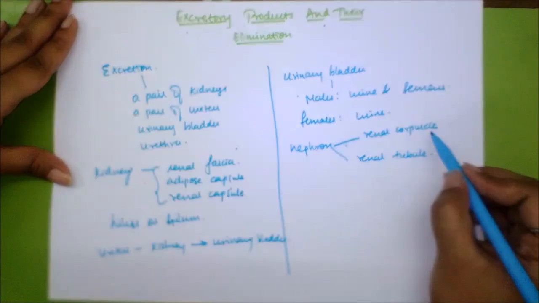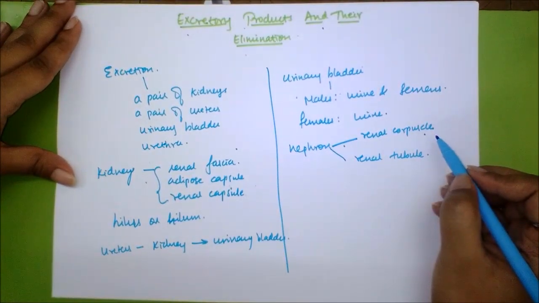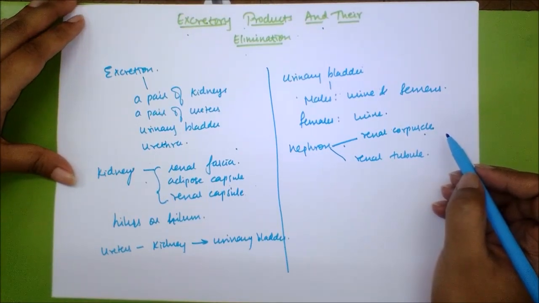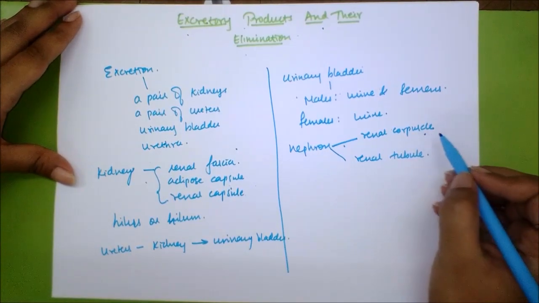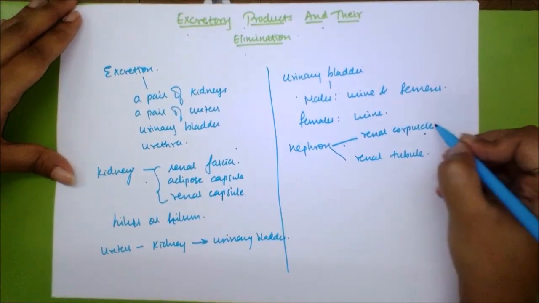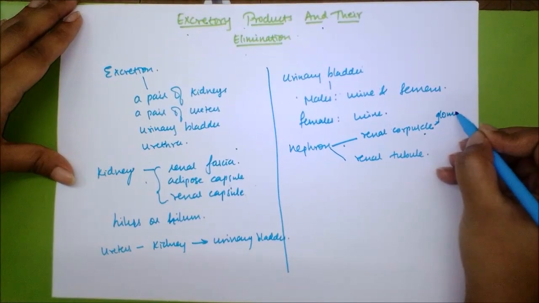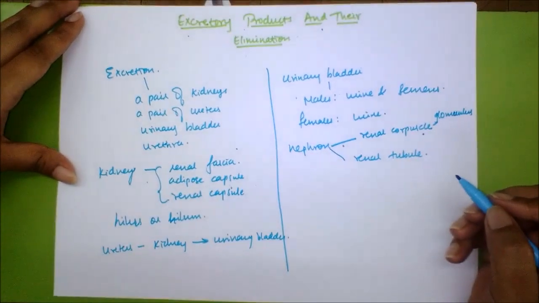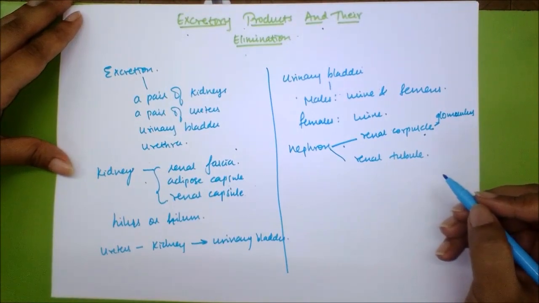The renal corpuscle is composed of a capillary network called the glomerulus and a Bowman's capsule or glomerular capsule.